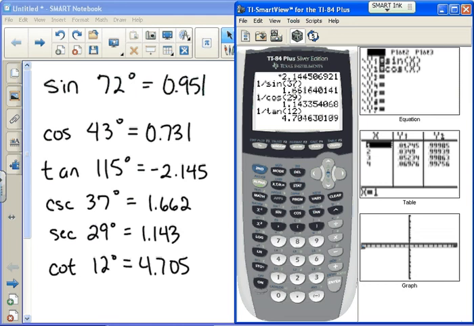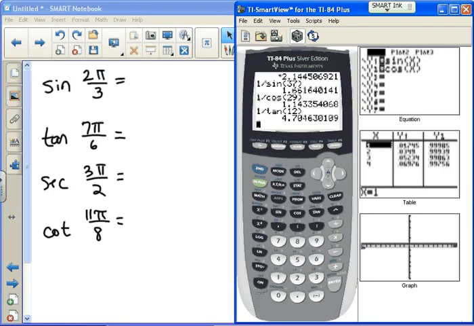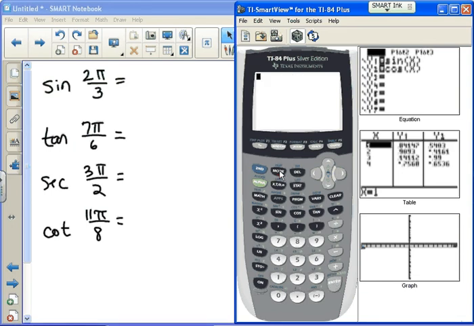Let's practice a couple of them in radians now. The process is not any different, except that you have to go back and change your mode. So I'm going to clear what we have, go to the mode, change it to radian. Just hit enter when it's highlighted, and then hit quit. So I still do it the same way, just have it in a different mode now. So sine of 2 pi over 3.